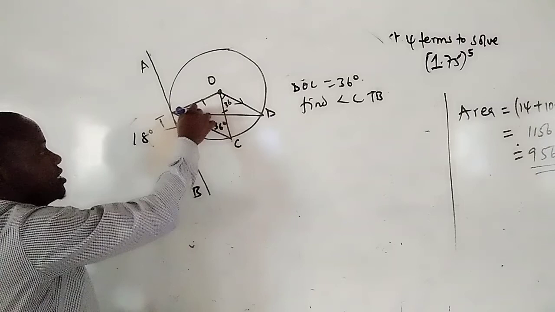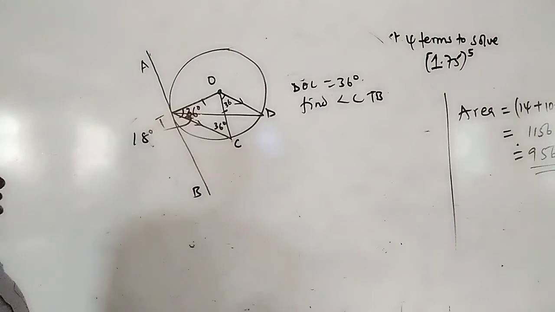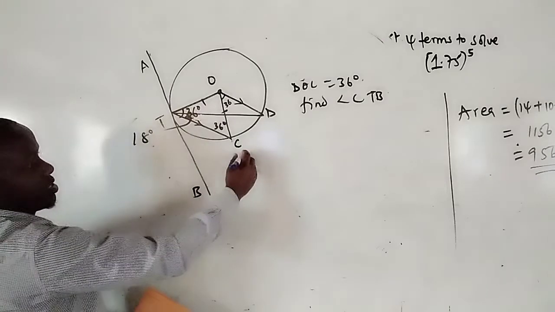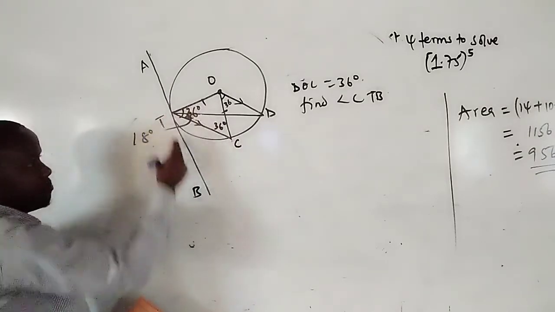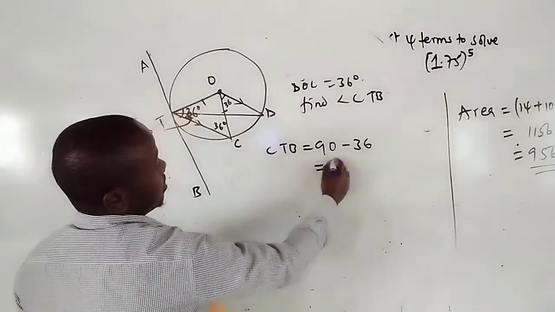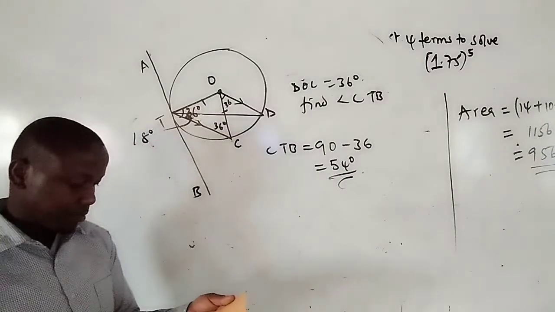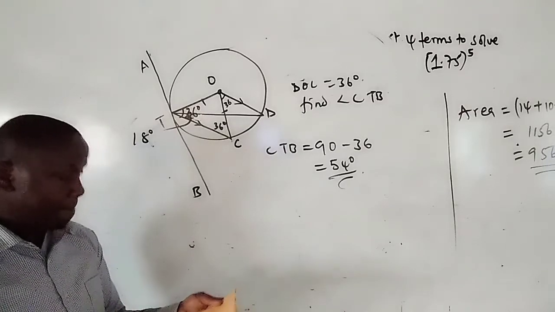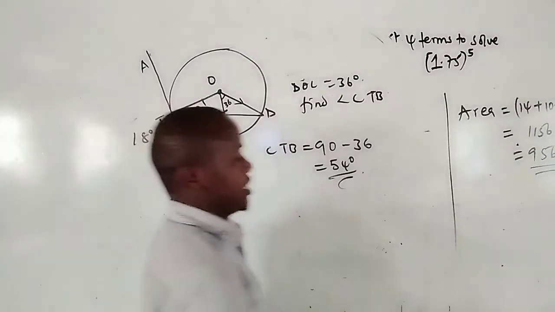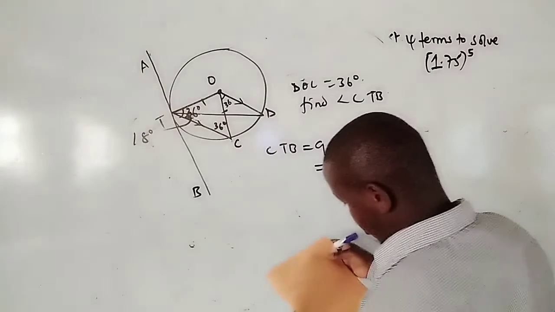So this is also an 18. So if that is 36, and we know that this radius and the tangent make 90 degrees, then angle CTB will be 90 minus 36 to give us 54 degrees. Therefore, it's good to know the properties of angles and lengths in circles.